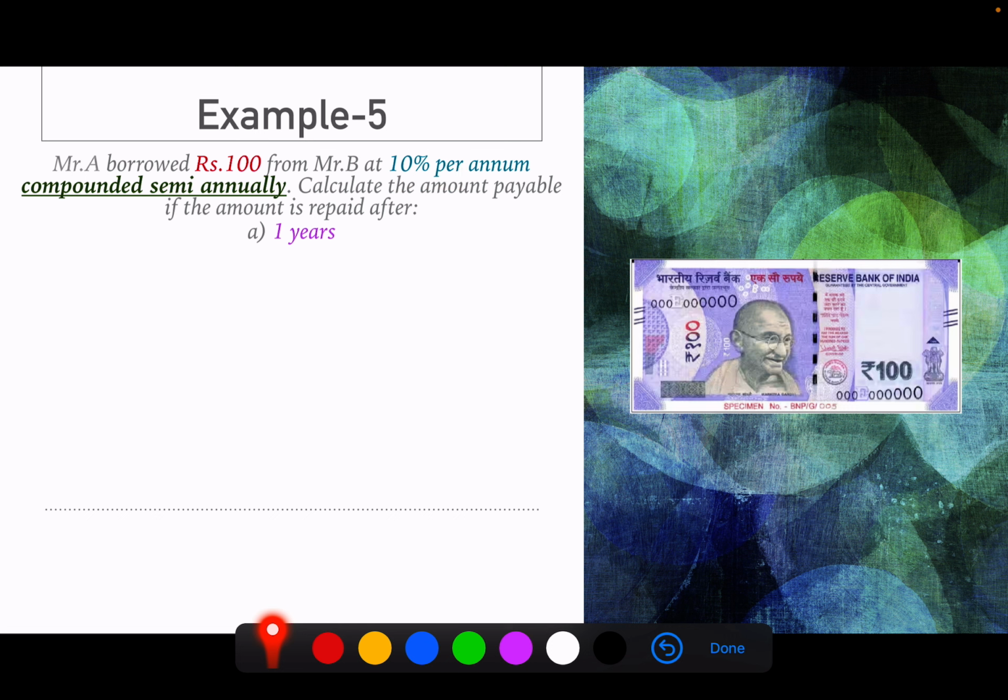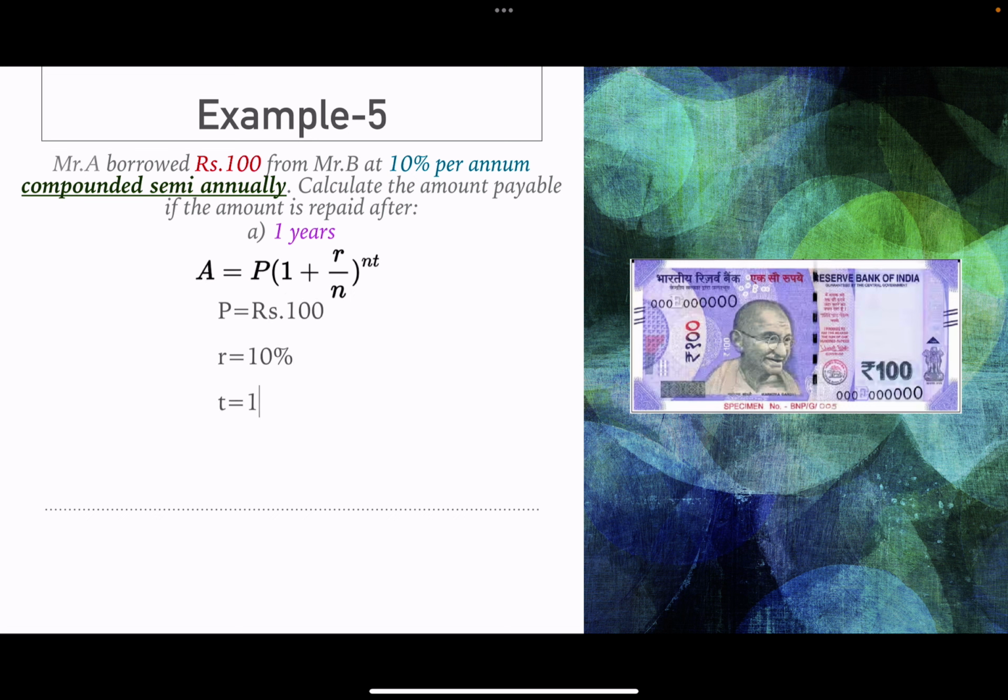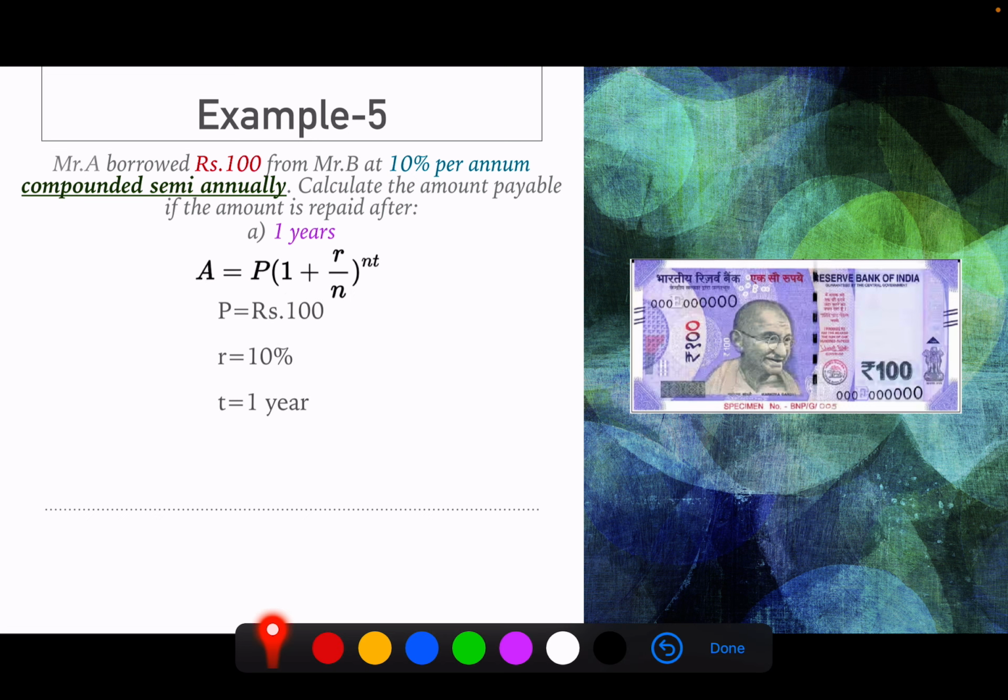You have to calculate the amount payable if the amount is repaid after 1 year. Now let's quickly write the formula. A is equal to P into 1 plus R divided by N, all raised to NT. P is 100 rupees, R is 10%, T is 1 year.